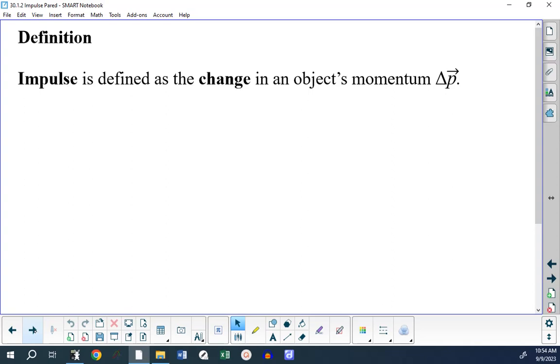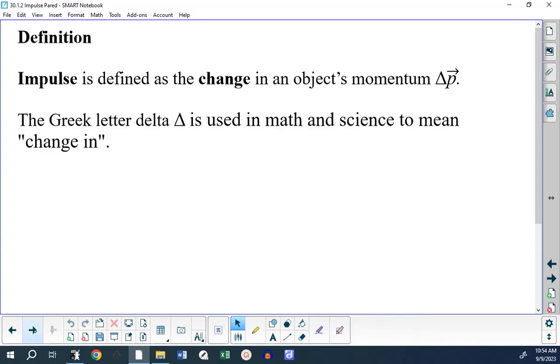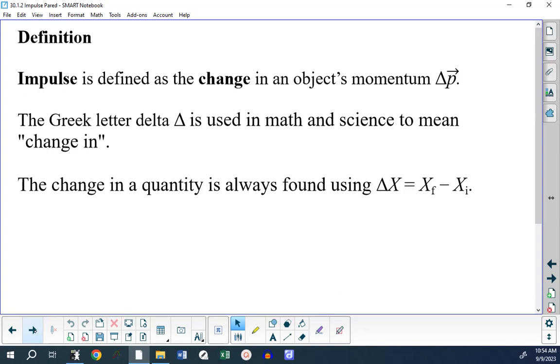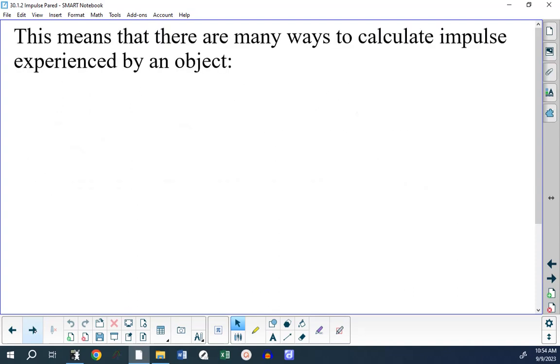Of course, change in is denoted with the delta symbol, the capital Greek delta letter, and it means final minus initial. So anytime we see delta x equals final x minus initial x, what that means is that if you want to find impulse, and this is something that we talked about a little bit in class, and I need to mention it here on the video as well.